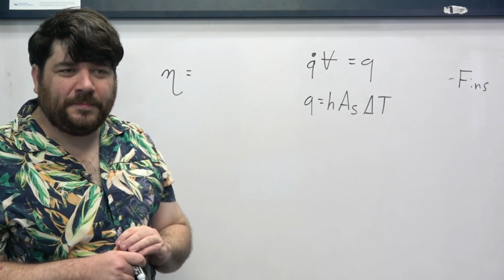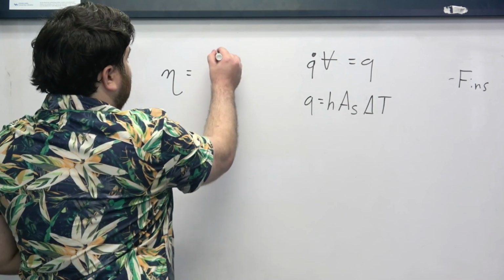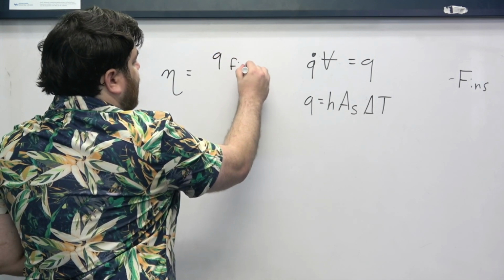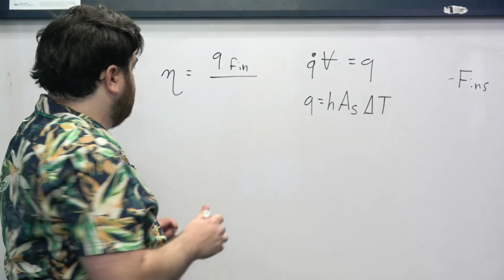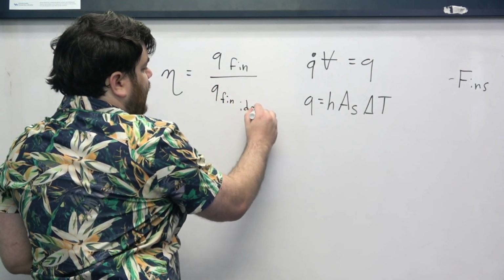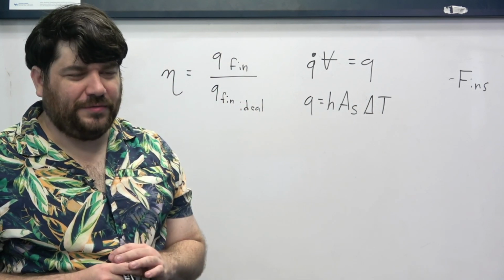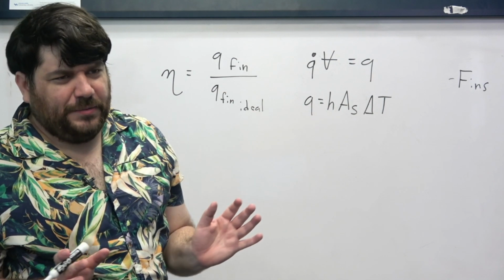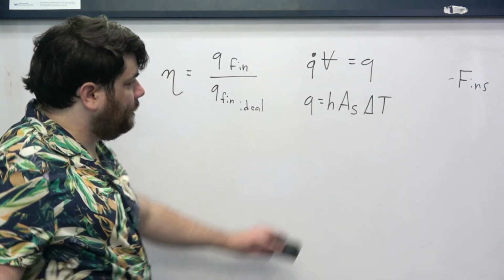This eta is just, perhaps unsurprisingly, the heat transfer that's happening through the fin system divided by a maximum ideal value of heat transfer that could be occurring through the fin system. Now, you may ask yourself, well, what is this ideal scenario? Take a look.